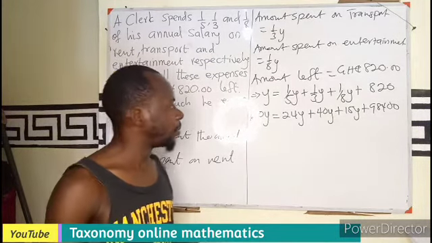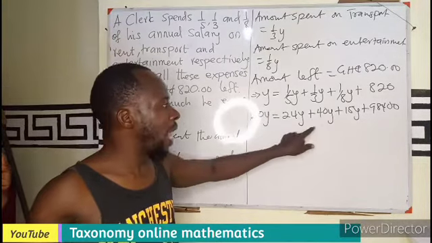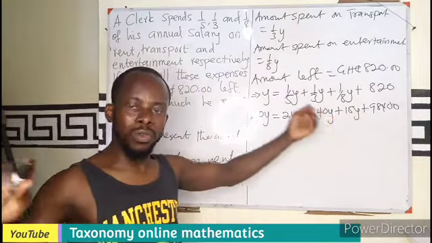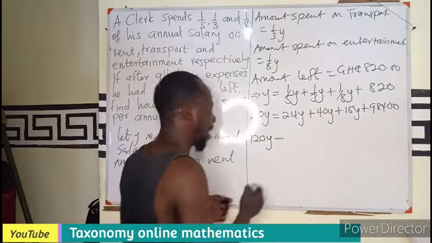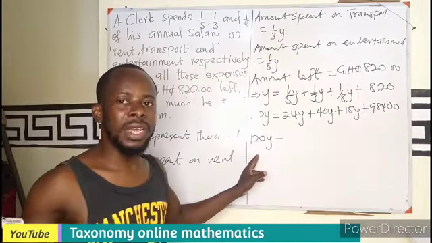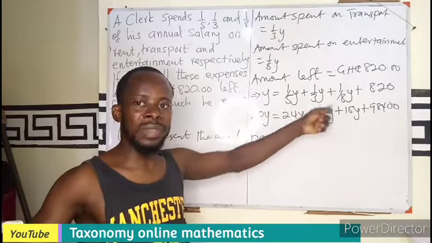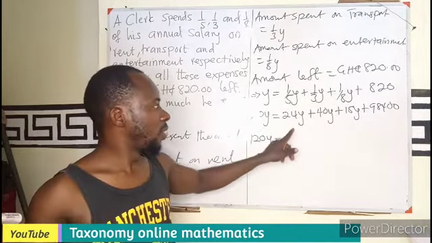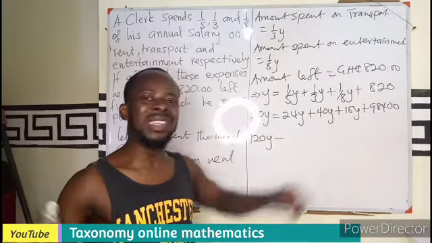Now we group like terms. The variables will come to one side. So that will be 120y minus these values. These values are positive, so when they cross the equal sign, they become negative. That is, we are subtracting each term from both sides. Don't forget, 24 plus 40 will give us 64, plus 15 is 79.